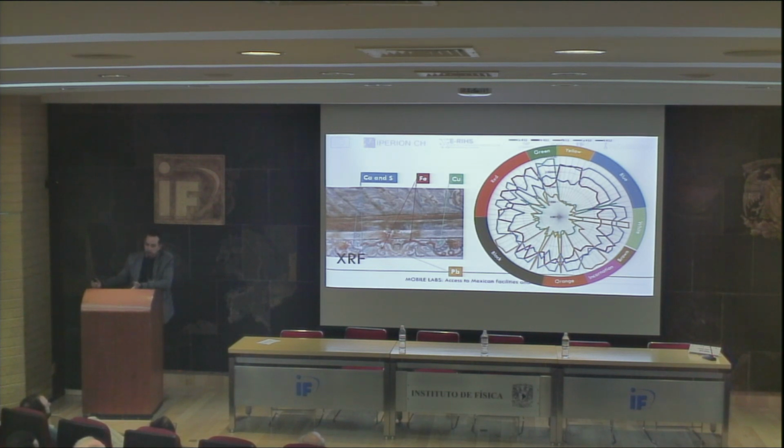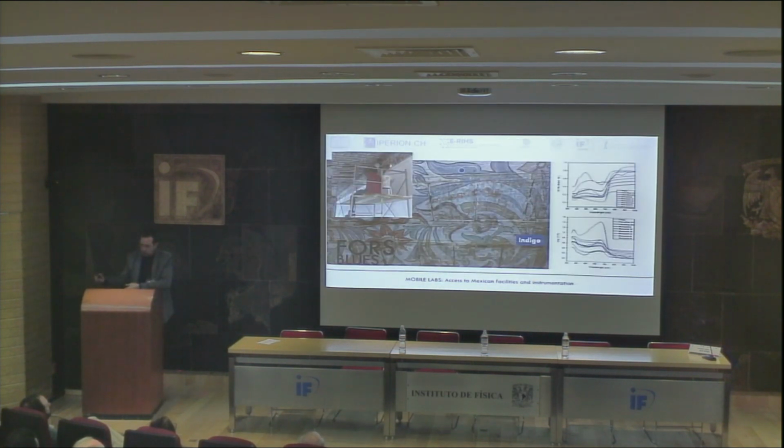It was calcium and sulfur everywhere. We have iron in the reds and in some yellows. Only in this case we have lead in these phases, and some copper in the blues. But we didn't have anything to tell us what was in this blue, because it was indigo.